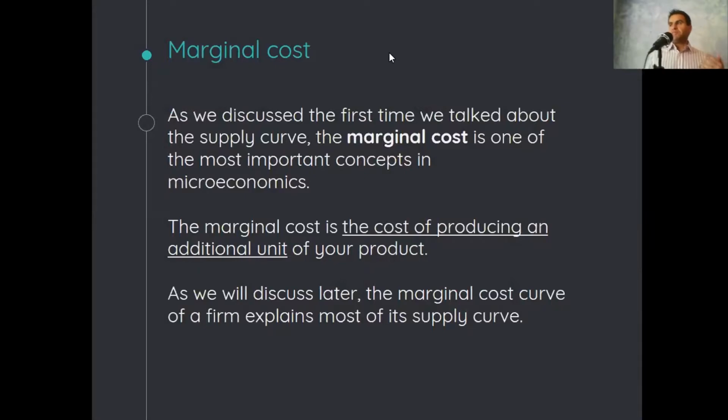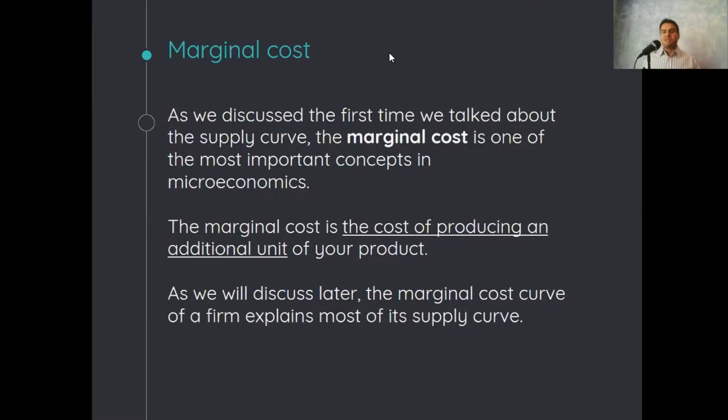When we were discussing the marginal product, it was how much does production increase when I increase 1 unit of my inputs at the margin, when I decide to hire one more worker or buy one more machine or whatever it is. In the case of cost, the marginal cost is how much does my total cost increase when I decide to hire one more worker, when I decide to buy one more machine, when I decide to increase one input.